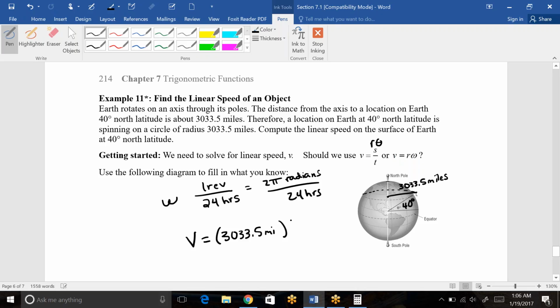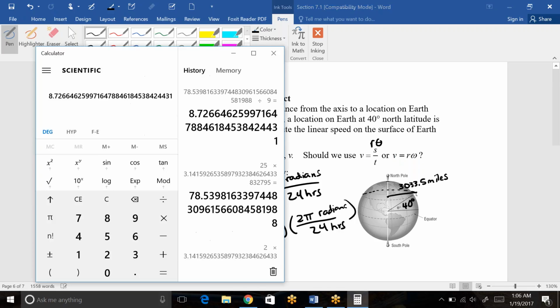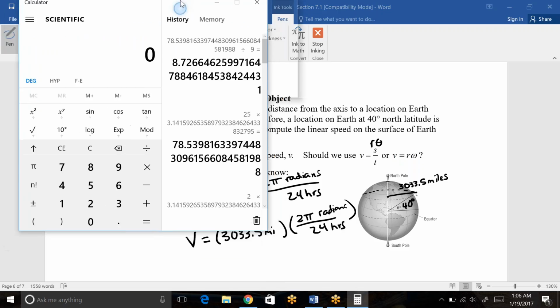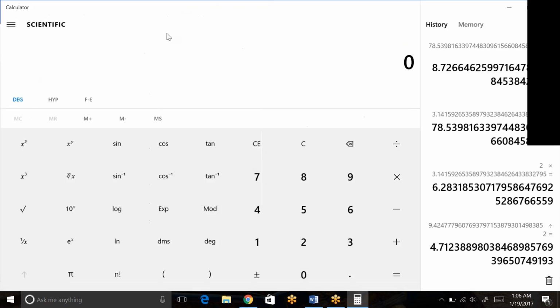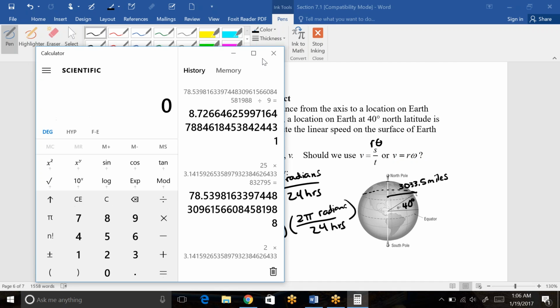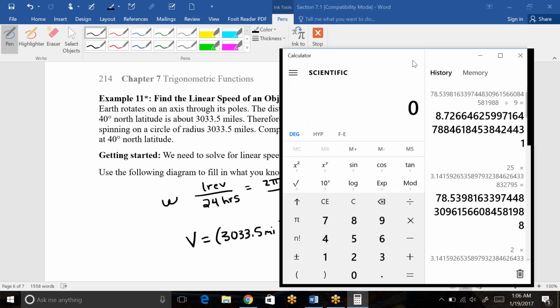So this is going to be 2 pi radians divided by 24 hours. And if we multiply all this out, this is going to give us our speed in miles per hour. So if gravity ceased to exist, that would tell you how fast you would spin off the Earth.